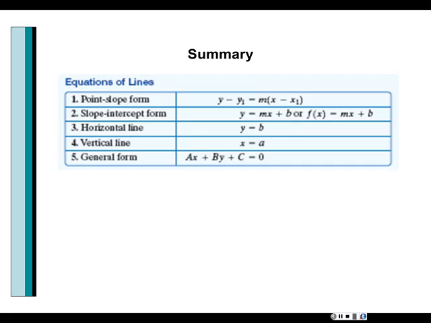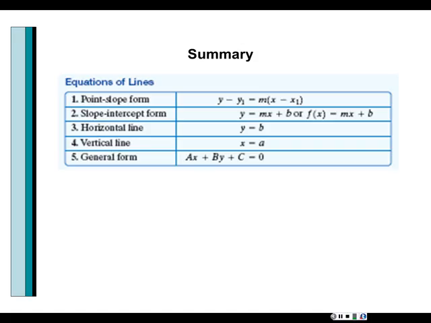Now, this is exactly what we covered so far. We have seen 5 different forms. The first form was the point-slope form we discussed yesterday. The second one was the slope-intercept form, which is y equal to mx plus b, that we started just today. The third and fourth forms are different because they apply only to horizontal and vertical lines, not to the other lines. They are extremely distinguishable because in the horizontal one you don't have x, and in the vertical one you don't have y, so you will know right away.